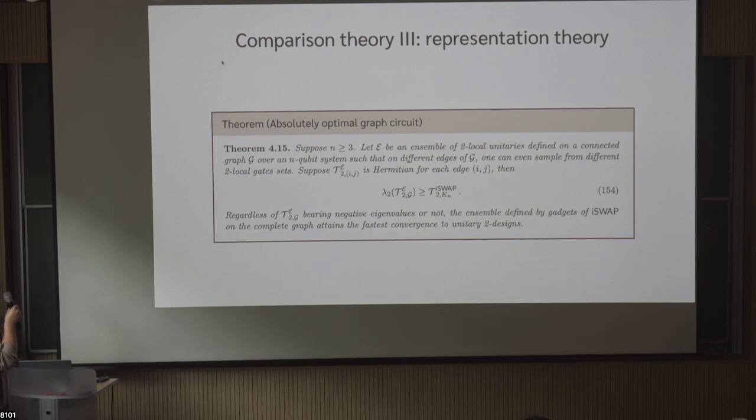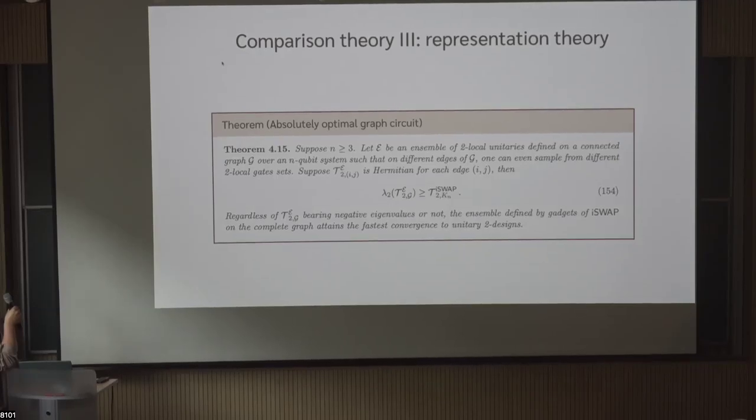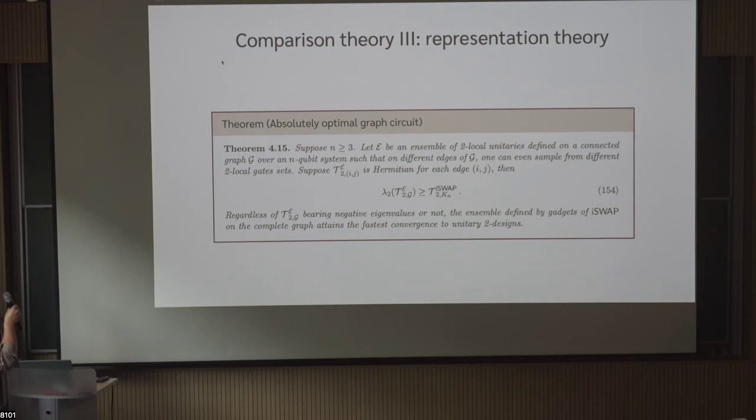The intuitive message is that whenever it's possible for you to do iSwap gate and a connectivity given by the complete graph with no other geometric constraint, then you should just always use this combination to do your random circuits. It gives you the fastest convergence to designs.